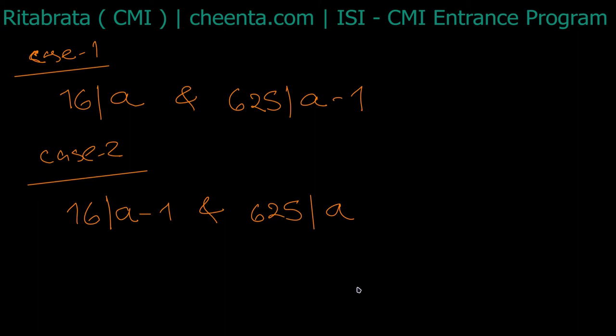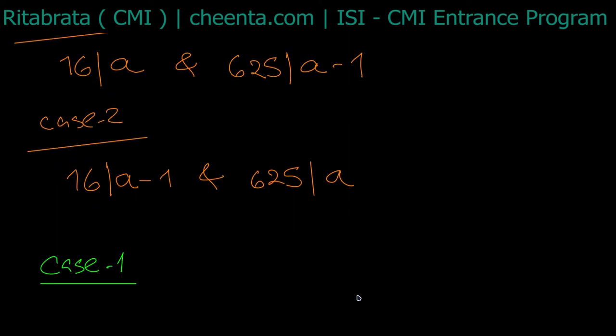For case 1, existence, you can prove it by yourself. In this case I have a equal to a multiple of 16, so a equal to some 16 times k, and I have 16k congruent to 1 modulo 625, which is 5 to the power 4.